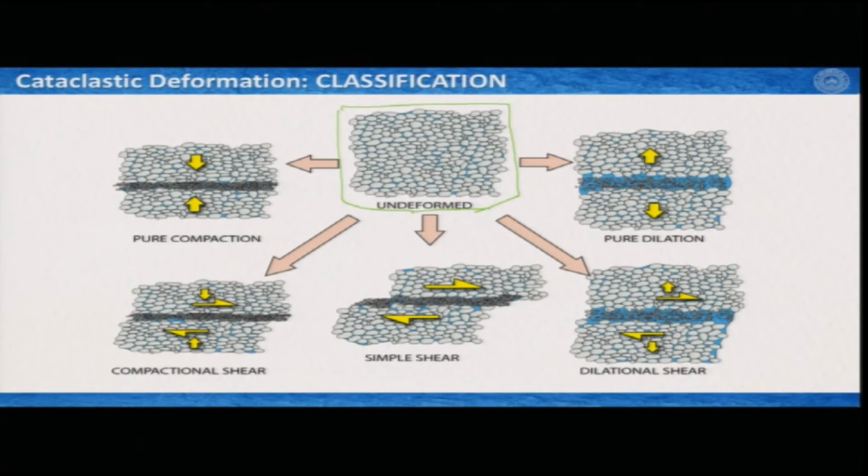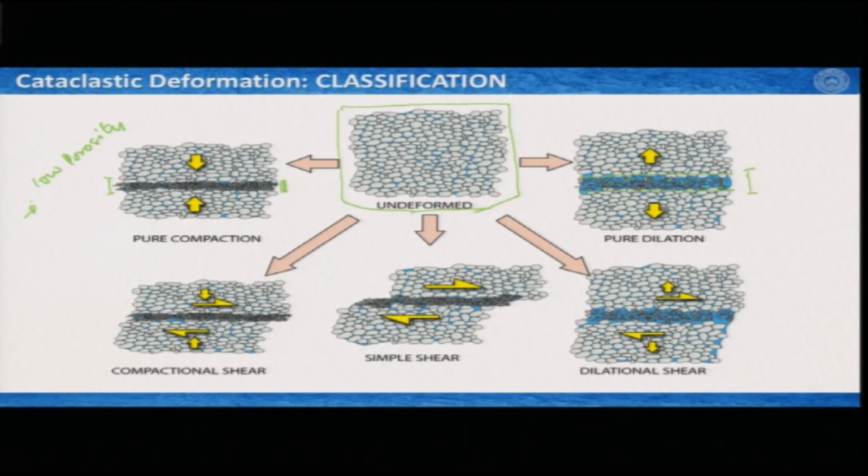The rocks can deform and then it can form the localized cataclastic deformation. On the other hand, you can have pure dilation where rocks are experiencing uniaxial tension or something like that, and instead of uniform or homogeneous distribution of deformation, somewhere it just opens up, the grains produce fractures and you have an opening.